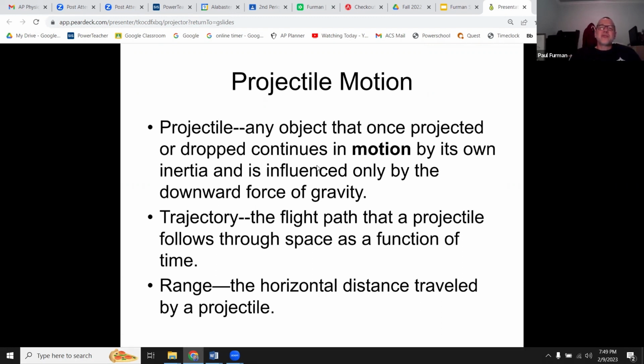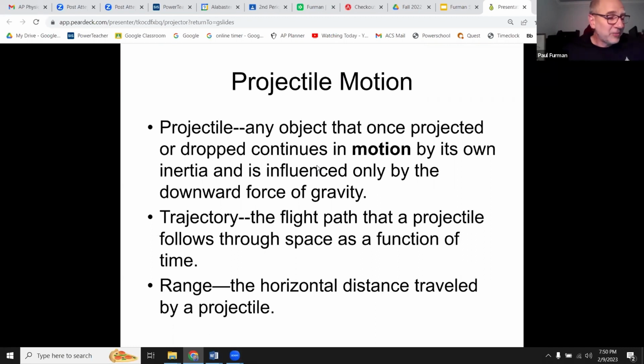When it comes to projectile motion, especially on a free response question, I can guarantee you that there's going to be a rubric point or two that says something along the lines of student recognizes that they can separate the vertical motion from the horizontal motion.